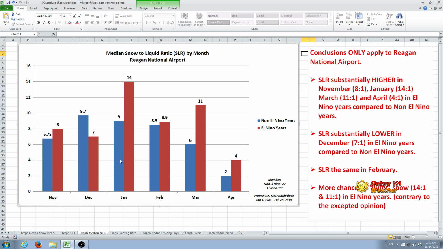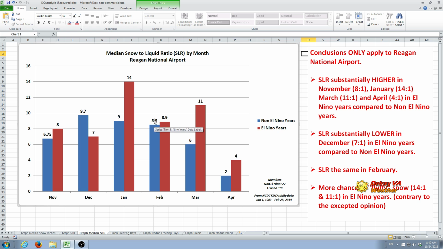And that's what we're showing here, that in El Nino years, the ratio is actually higher than in non-El Nino years by a good amount, except for December. The SLR is the same in February.